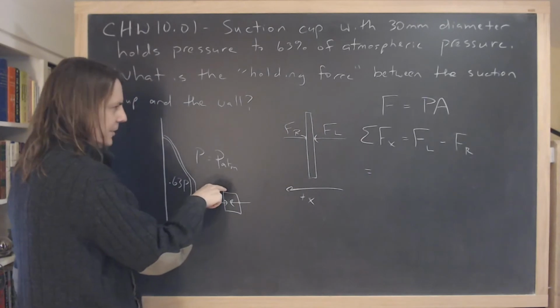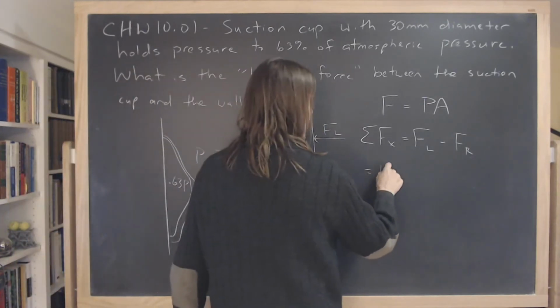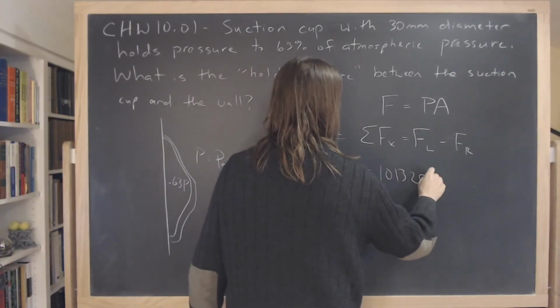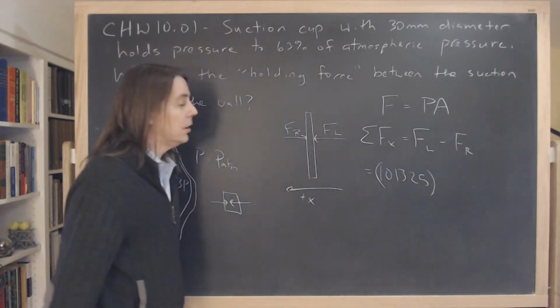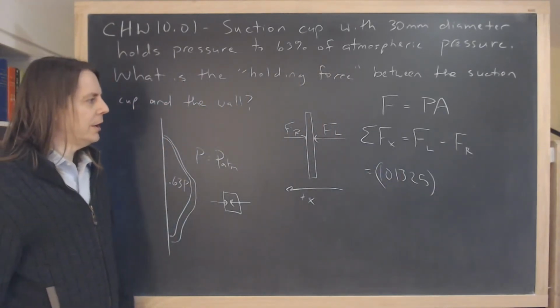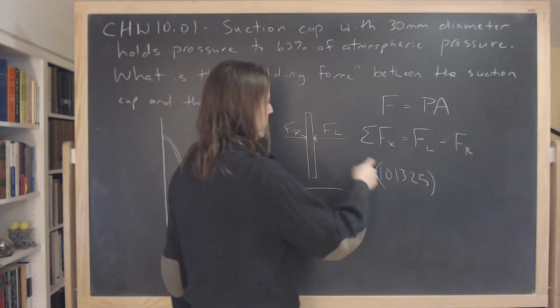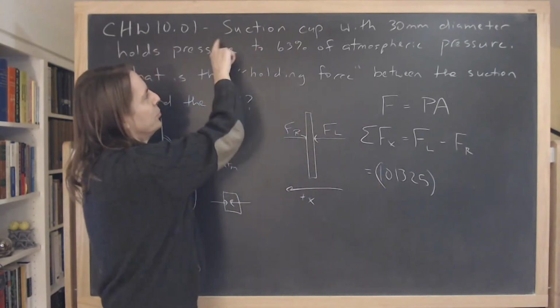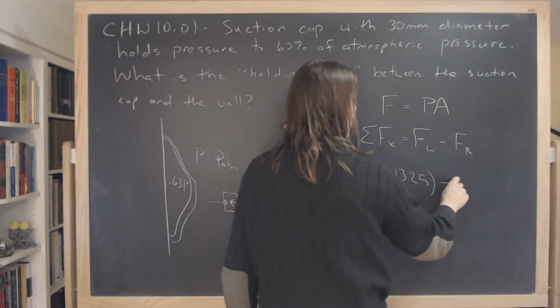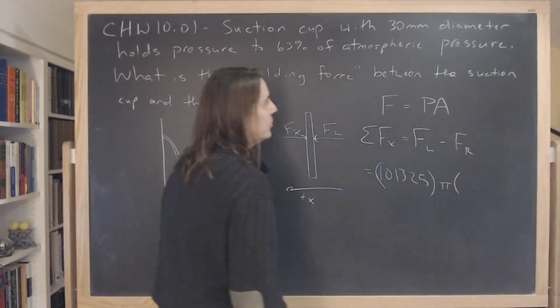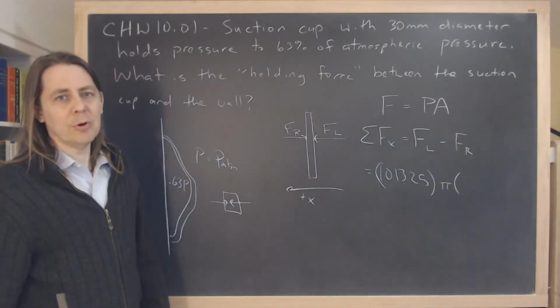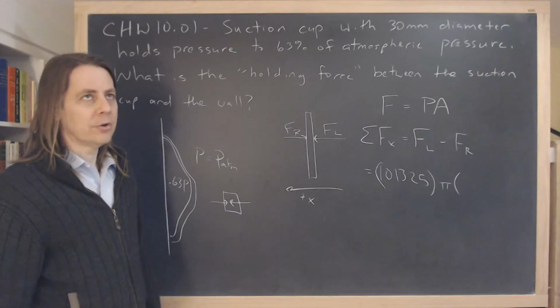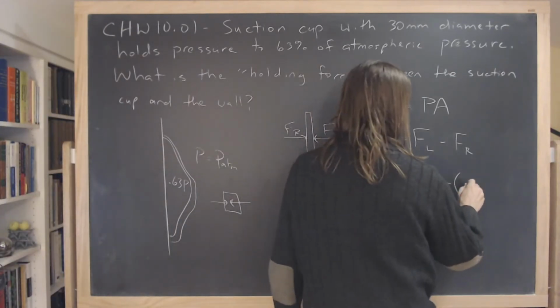Well, it's 101,325, atmospheric pressure in pascals, Newtons per meter squared, and the area. It's a circular diameter. I think the real problem said it was a circle, so it's pi times the radius squared. So half of 30 millimeters is 15 millimeters, turn it to meters, 0.015.